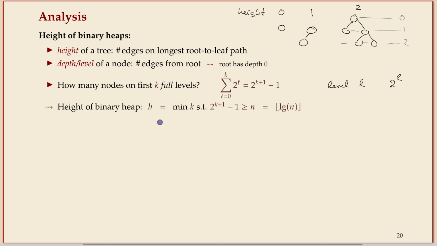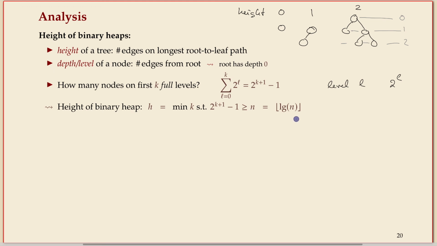So the height of a binary heap can be calculated by inverting this formula in a way. We are looking for the smallest k so that the number of nodes I can fit in with k levels is at least n. That's my height, because I need to put the nodes somewhere. I might have some space on the right, remember, but I need to put in at least n.